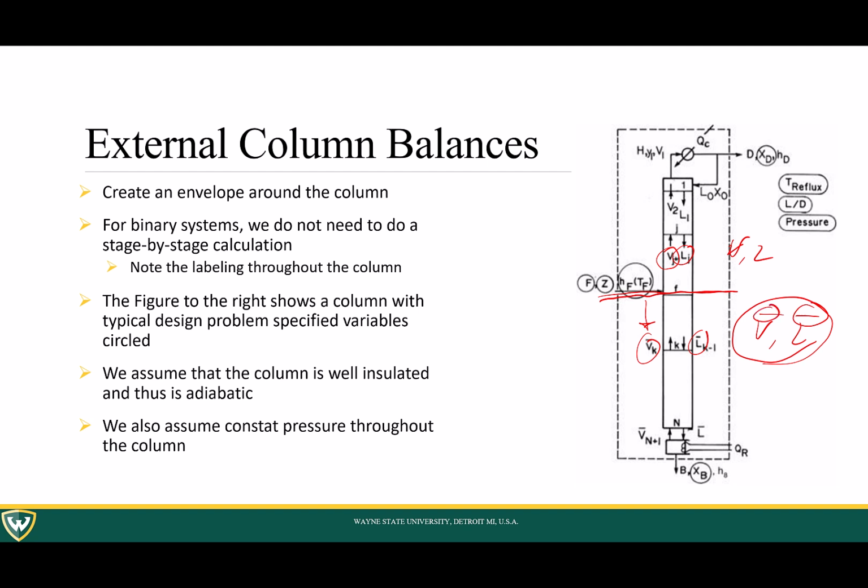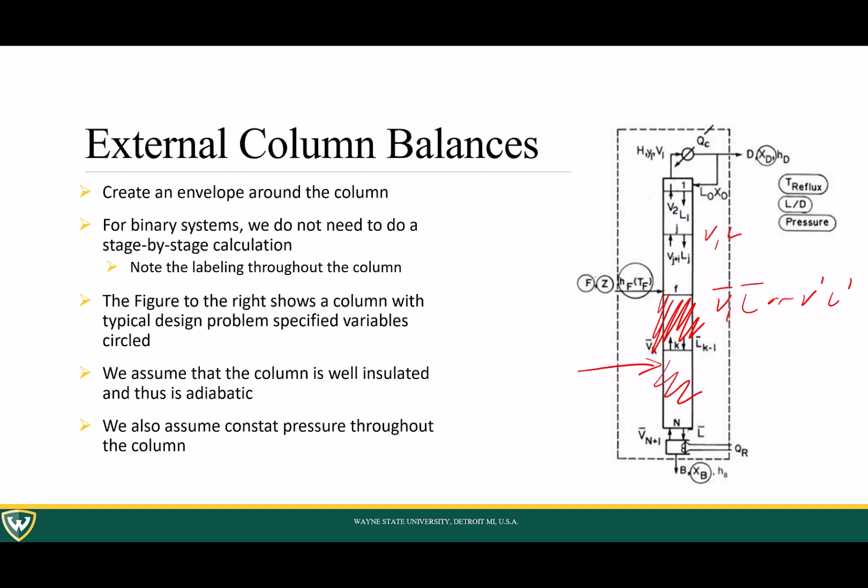You can also have a situation where you have two separate feeds. If you had a separate feed here, you would have that this would be V and L. Then between this region, you could say either V bar and L bar, or V prime and L prime. And then below this region here, again, you would have a different labeling scheme.